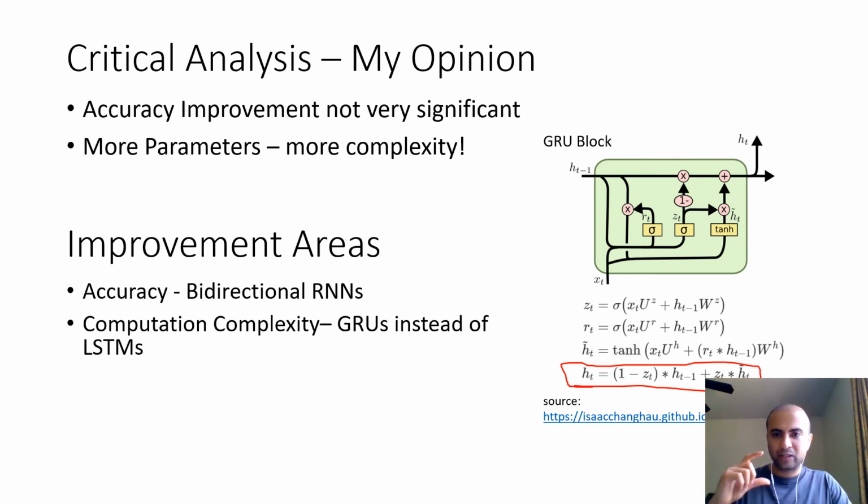So since GRUs reduce one set of parameters that have to be learned, maybe it will help manage the complexity by accommodating the learning that is required for aspect embedding.